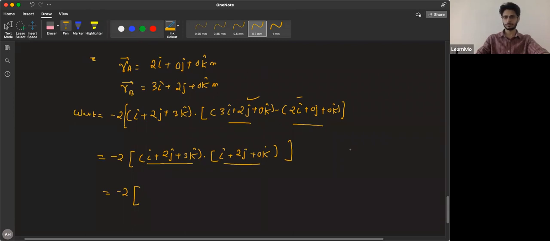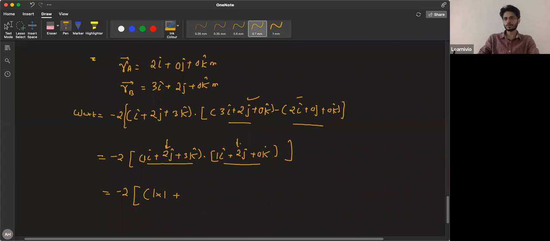The coefficient of i cap is 1, so it's 1 into 1, plus the coefficient of j cap is 2.